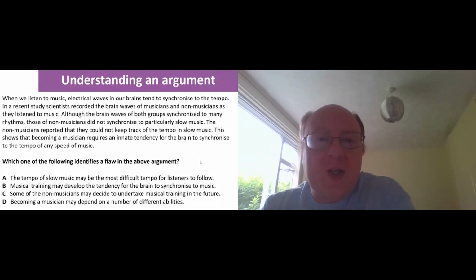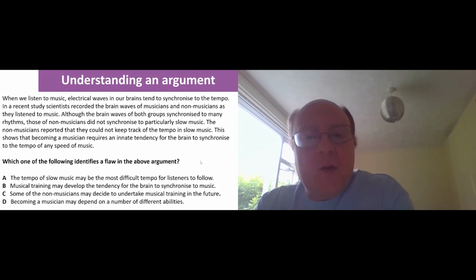All of the information for section 1 questions is there in the text. You don't need to know anything more than what's written there. And as you can see, this question is asking you to identify a flaw in the above argument. So you need to go back, read through it, work out what the argument is, and then identify a flaw in it.